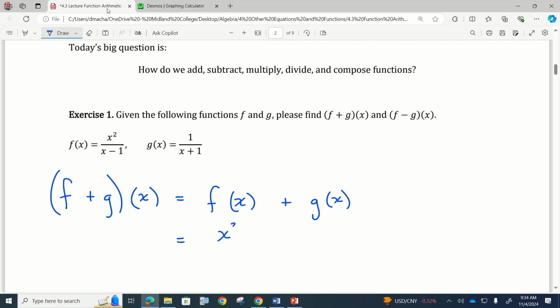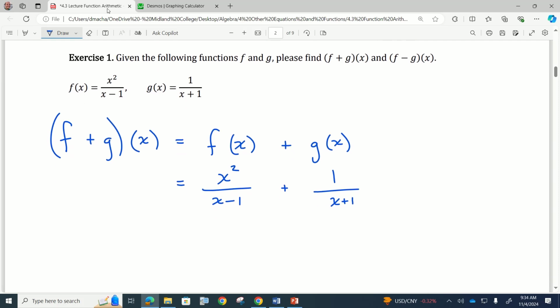F of x is x squared divided by x minus 1. G of x is 1 divided by x plus 1. And if I wanted to add these, I just have to find a common denominator to add my fractions.